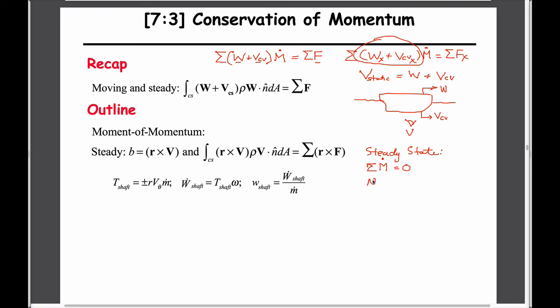And we'll also look at non-deforming. In other words, the balloon isn't getting smaller as it puts out air. In other words, it's a control volume that doesn't change. We'll mainly be looking at steady state and non-deforming.